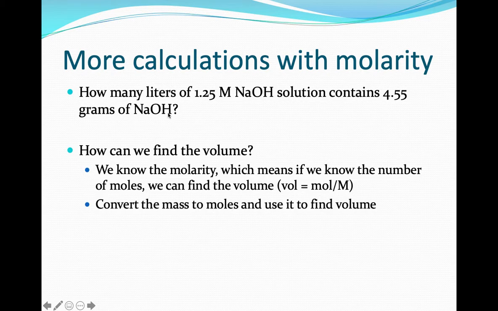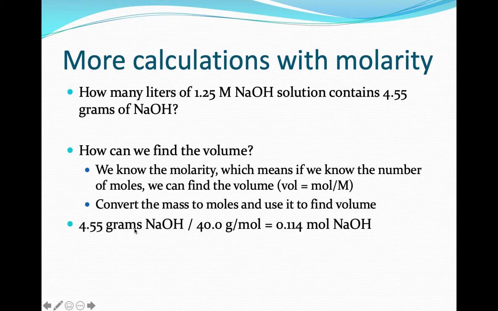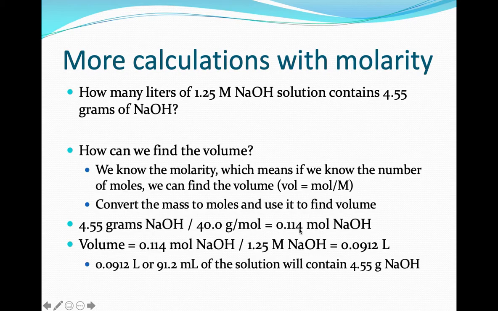So we want our grams in units of moles instead, as a common first step, like all the ones we were doing in chapter 3. Previously we've been doing a lot of mole and gram conversions, so nothing really different here. We can convert our grams to moles. We start with 4.55 grams sodium hydroxide, divide by molar mass, about 0.114 moles of sodium hydroxide.